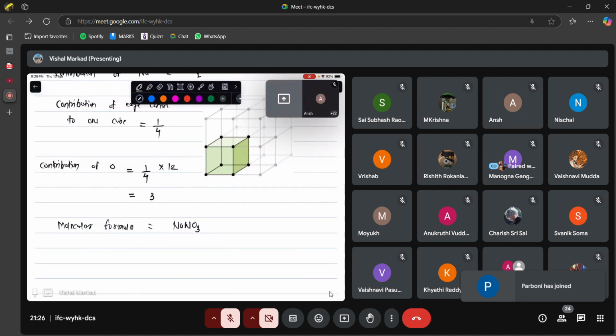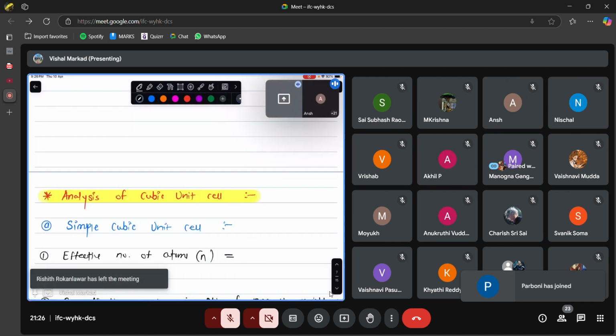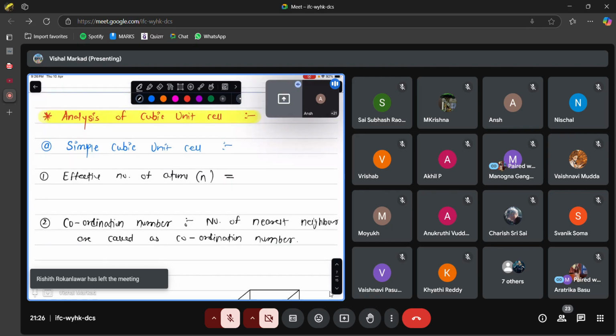Now we have to study in detail each cubic unit cell. It means three are there: simple cubic unit cell, FCC and BCC. These three we have to study in detail. Now one by one.